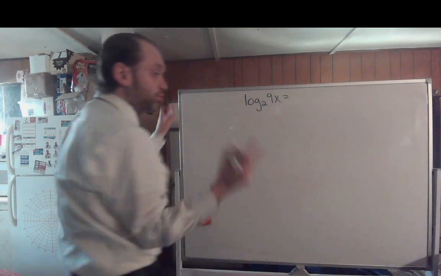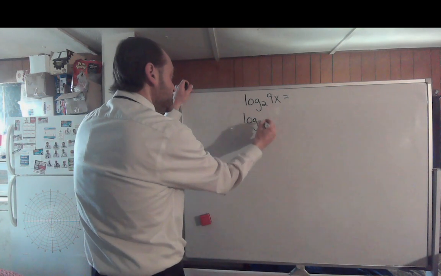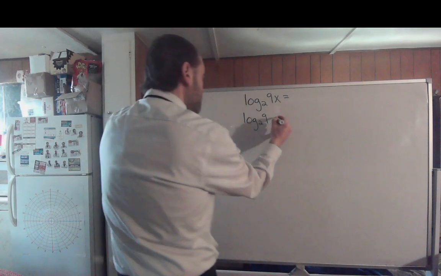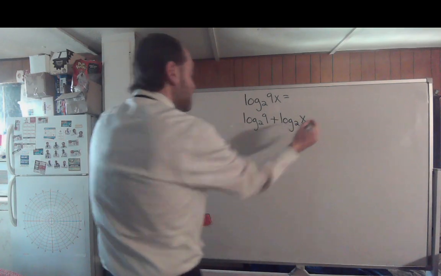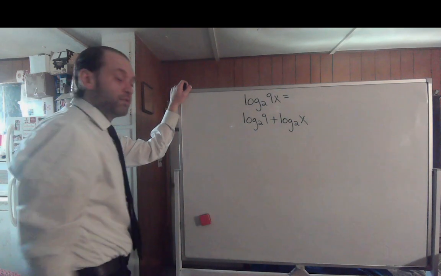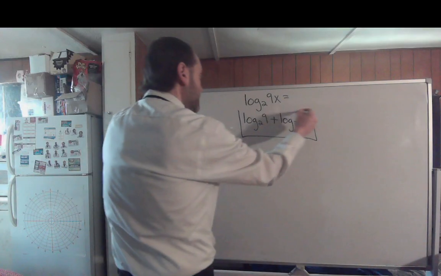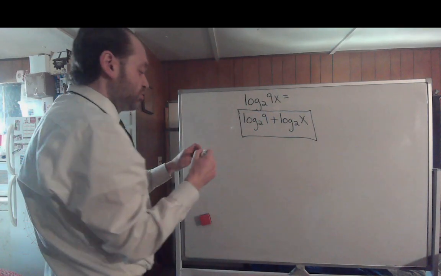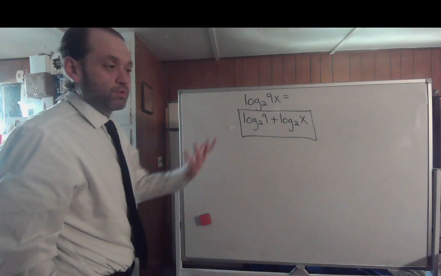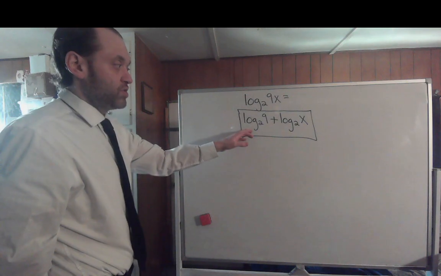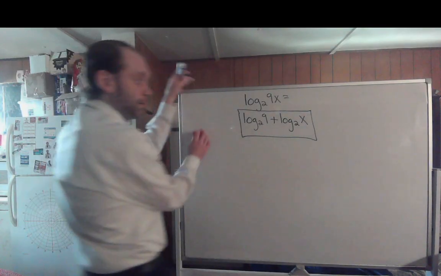If we recall the product property, that's the same as log base 2 of 9 plus log base 2 of x. And we really can't expand this any further because 9's not a perfect square or anything like that. There is no perfect number where if you raise 2 to a power, there is no whole number that equals 9. So the answer you should get is log base 2 of 9 plus log base 2 of x.